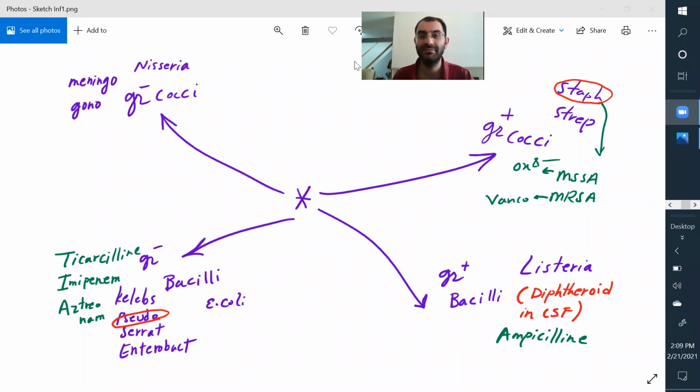Ticarcillin is penicillin. So almost all of them are beta-lactams, aztreonam with a little bit of discount because it is a monobactam, but it has cross-antigenic reaction. Ticarcillin is an anti-Pseudomonas penicillin, so they're beta-lactams. We'll talk about it in a second.